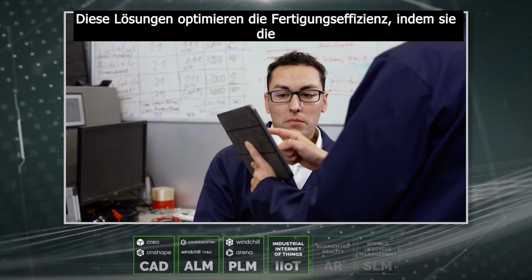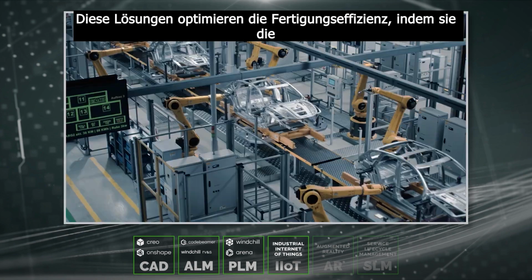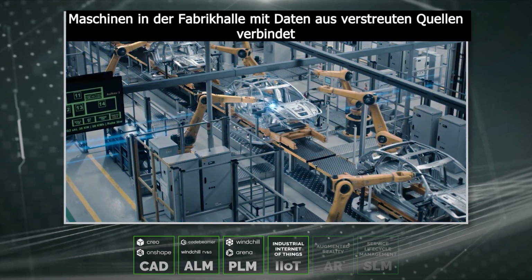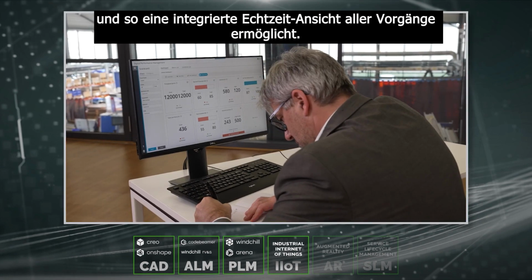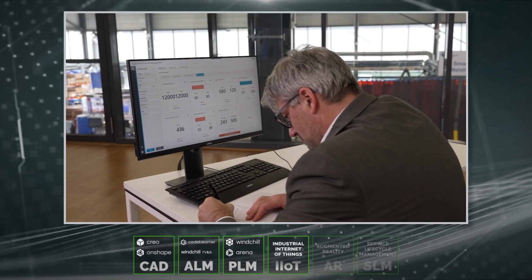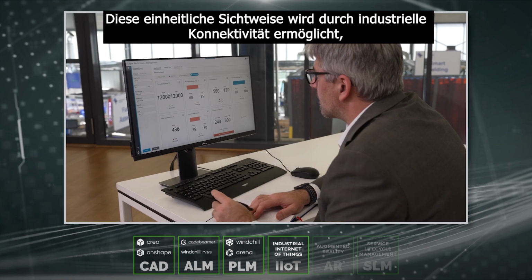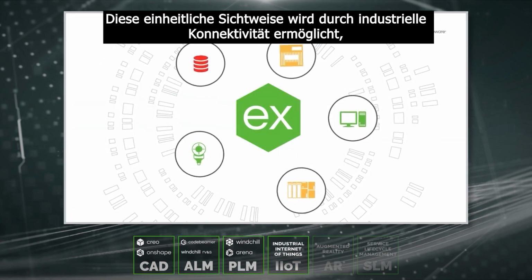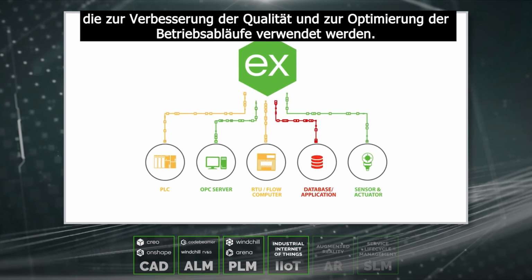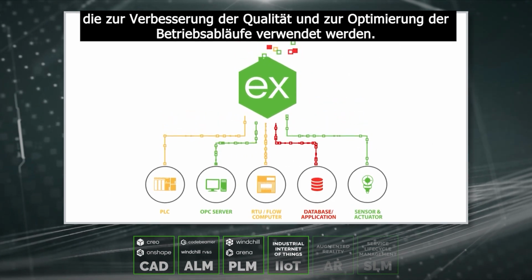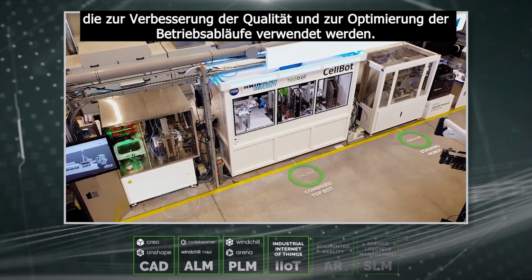These solutions optimize manufacturing efficiency by connecting to machines on the factory floor and synthesizing data from siloed sources into a real-time, integrated view of all operations. This unified view is made possible through industrial connectivity that connects machine data from the plant floor to provide real-time production data that is used to drive quality and optimize factory operations.